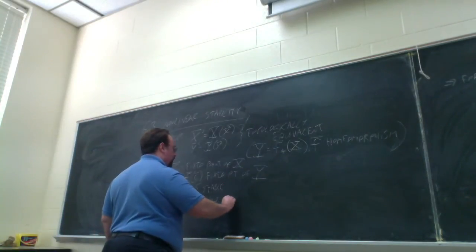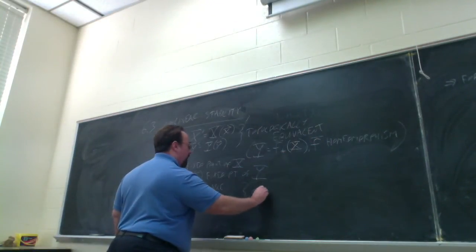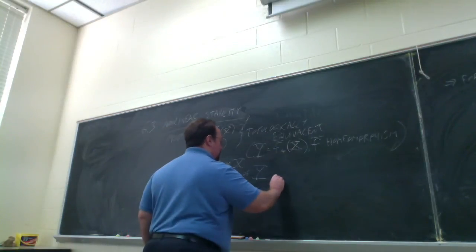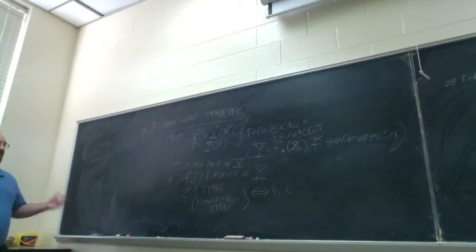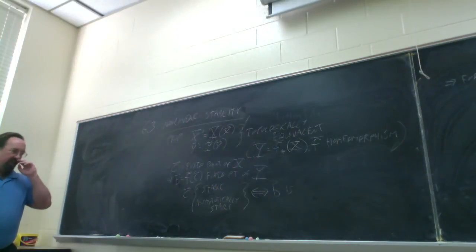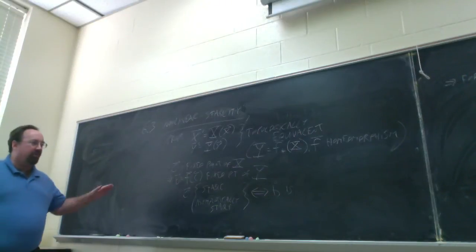So you can pick either one. If and only if B is. So C is stable if and only if B is stable. C is asymptotically stable if and only if B is asymptotically stable. So stability just carries over.